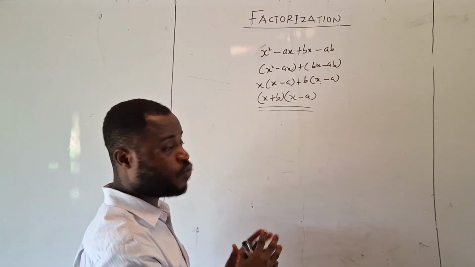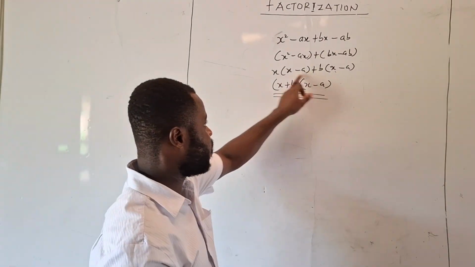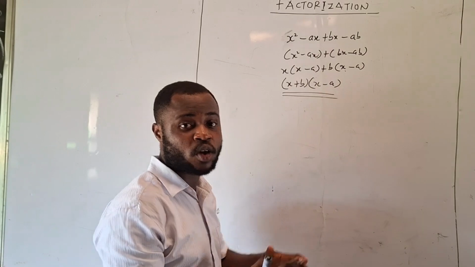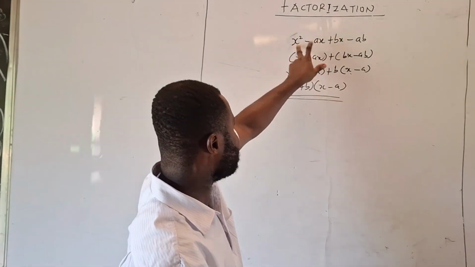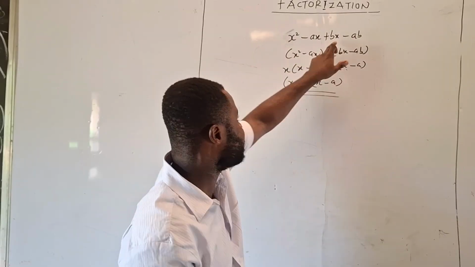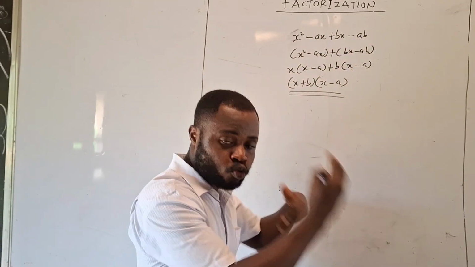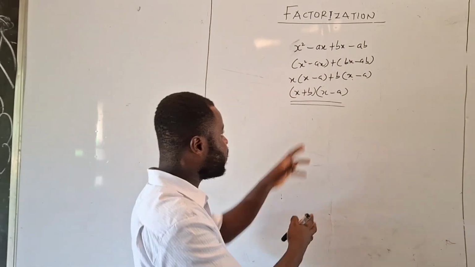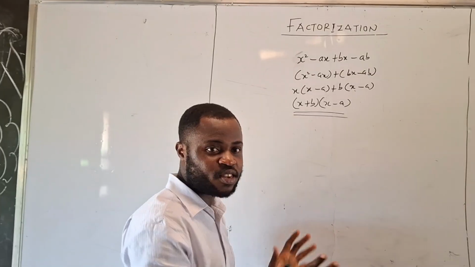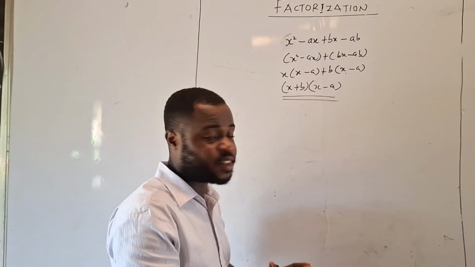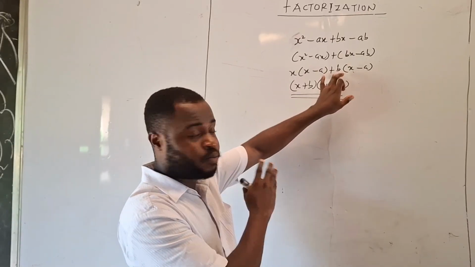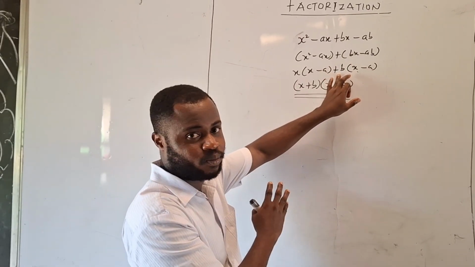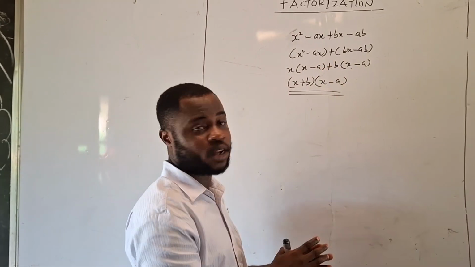If you are factorizing and the numbers in the bracket are not the same, it means you are wrong. This is what we call regrouping. Here we pair this and this, then this and this, to factorize it again to see if you get the same expression in the bracket. And also picking the answers, you pick the one at the back of the first bracket, the one at the back of the second bracket, then these ones are the same, so you pick one.